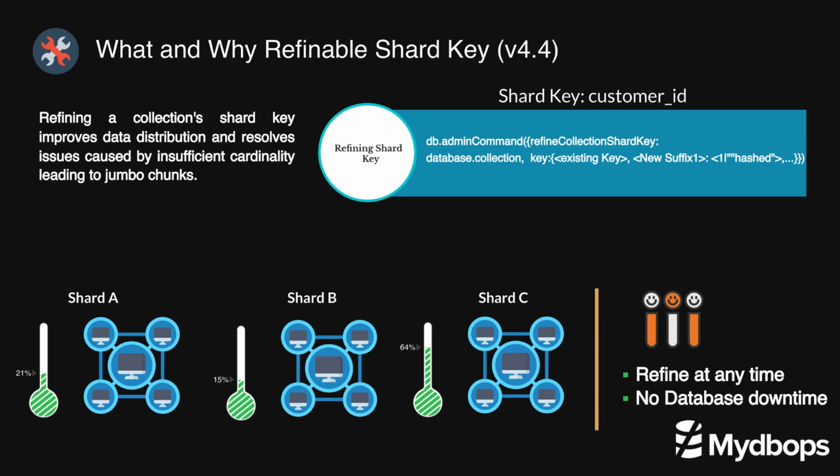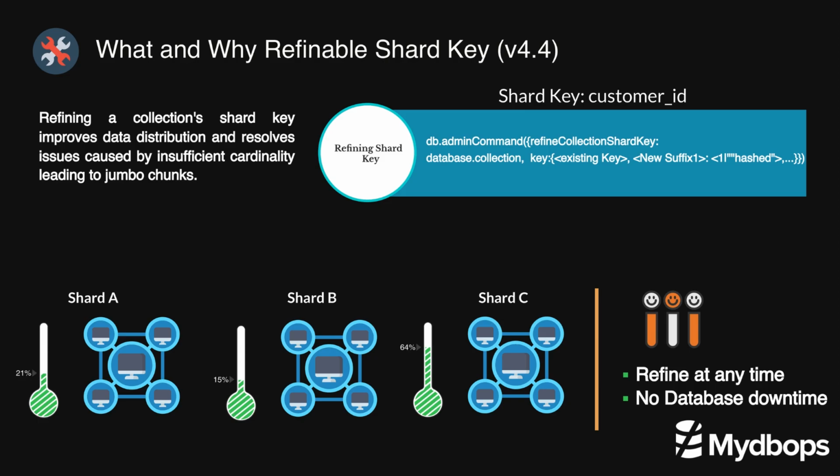You see, this server will be hit more, and this server will be next, and this will be less. We have good resources. I have 1 TB of RAM and more CPU, but this server is quite idle while the other server is fully overloaded. So with refinable shard key, I can take a call and change my shard key.